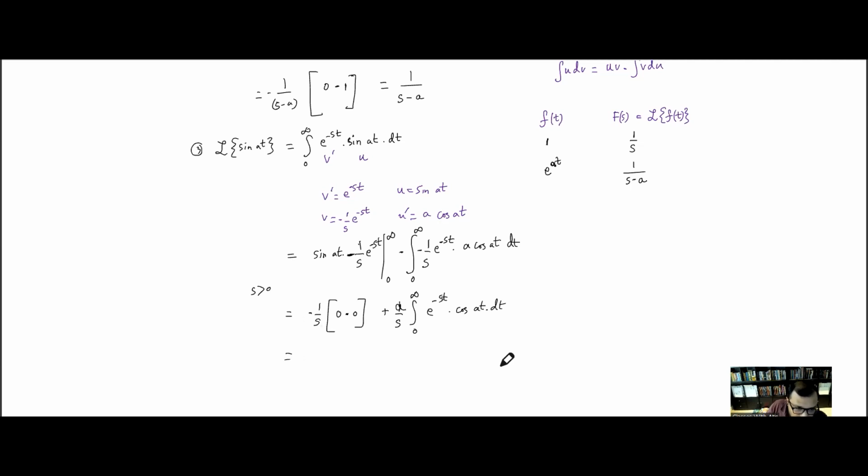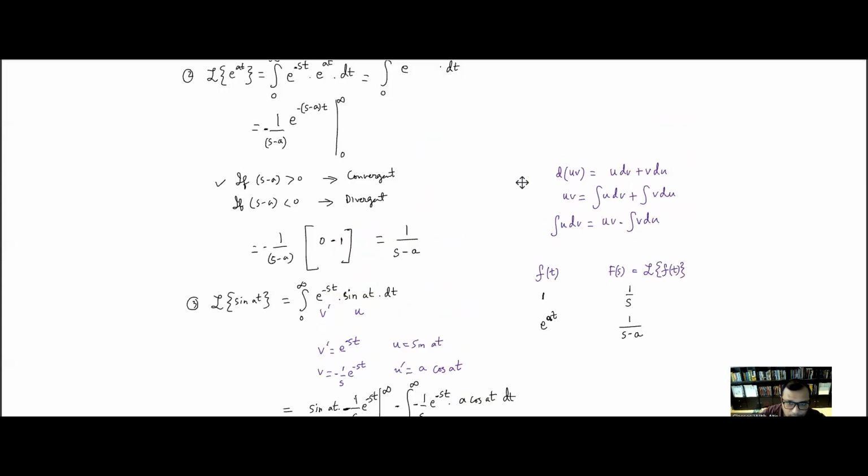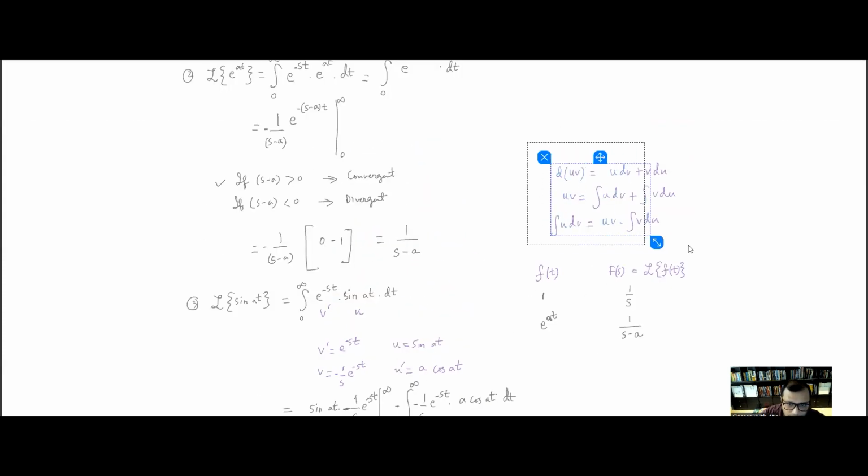So this is a by s integral of 0 to infinity e to the power minus st cos at dt. Okay. Now let's reapply what we learned here.